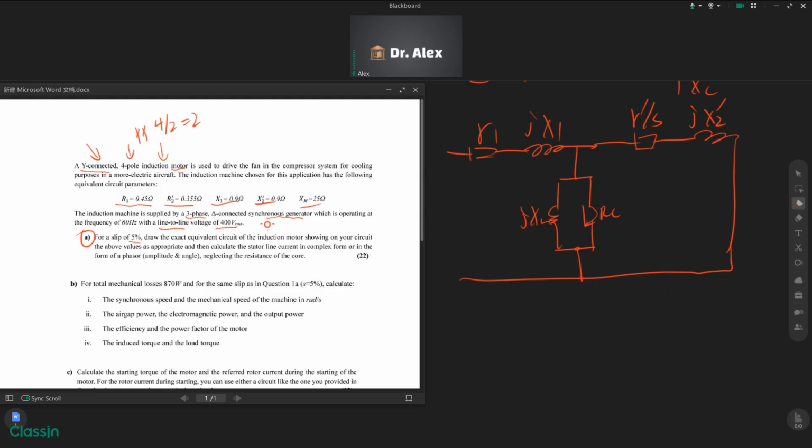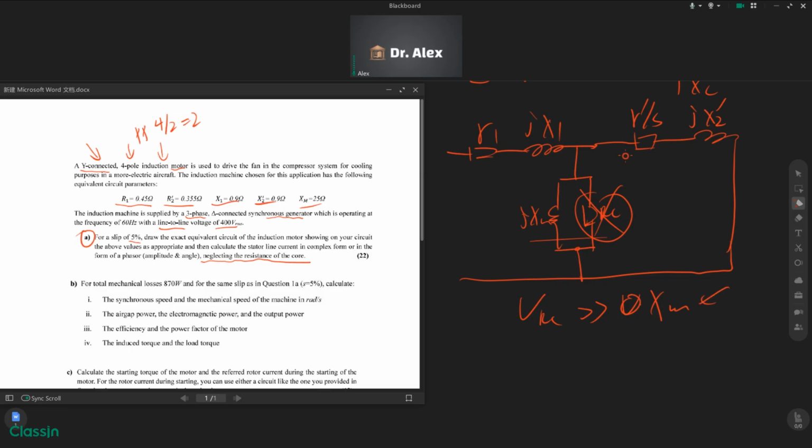But in our question, it said neglecting the resistance of the core. So we don't care about the Rc. What does it mean? It means the value of Rc should be much larger than the value of Xm. So the parallel value of these two things is very close to Xm.